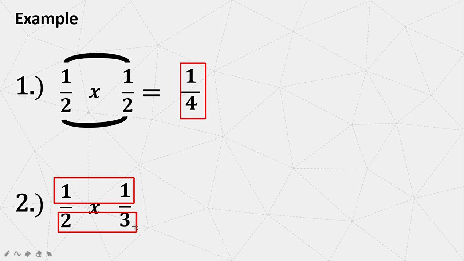So, ito is para dun sa mga nako-confused sa parehas na numerator pero magkaiba yung denominator. Ano bang gagawin nyo? Simple lang, yung proper mindset: step number 1, numerator to numerator. Step number 2, denominator to denominator. And step number 3, simplify ang answer kung kinakailangan.